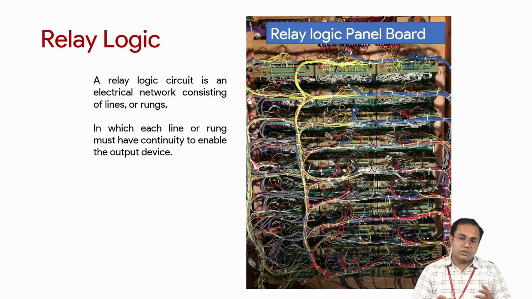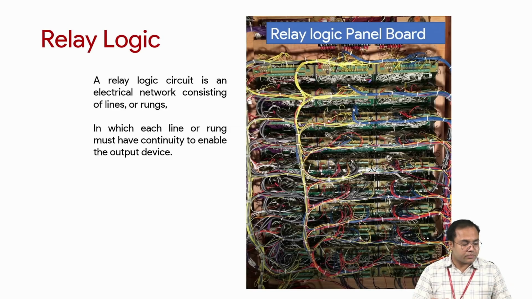Modification is also very difficult because it is all hardwired and fixed, so customization is not possible. If you want to change the logic, it's not possible. Whatever the design is, it's fixed. The maintenance is also very difficult. It consumes a lot of power, has a lot of moving parts, and is very noisy. This was the case with relay logics.